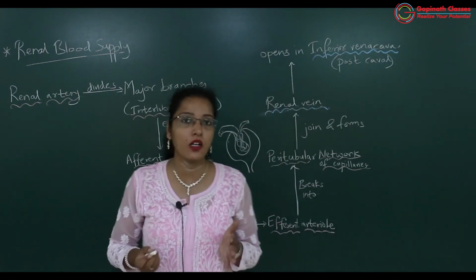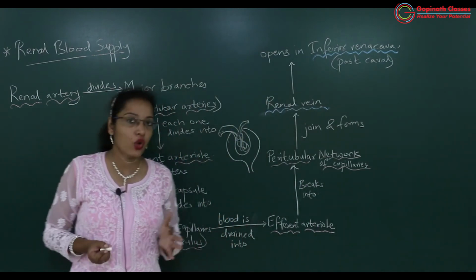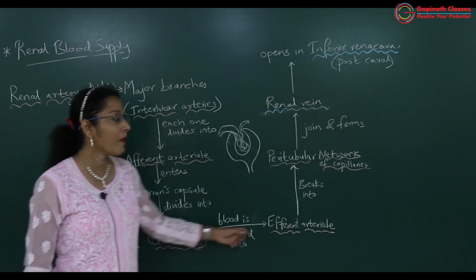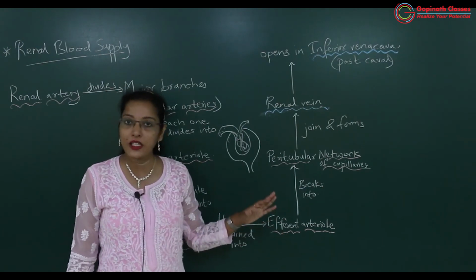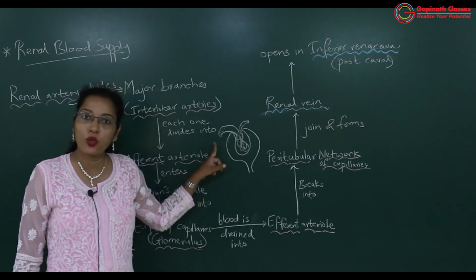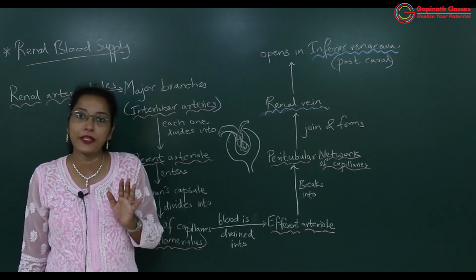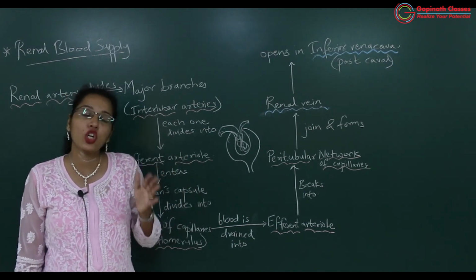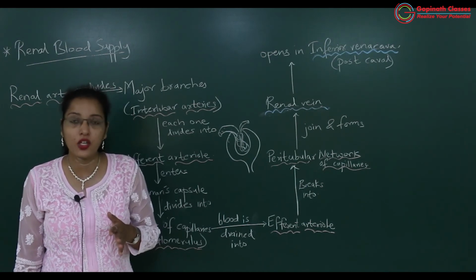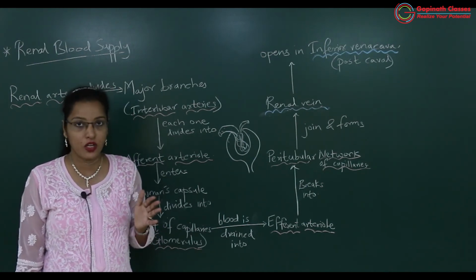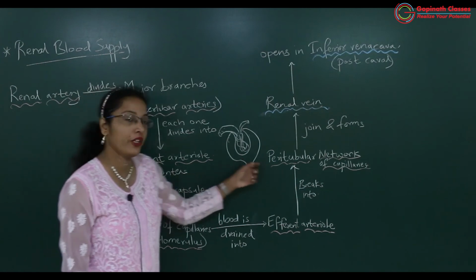These glomerular blood capillaries reunite to form the efferent arteriole, whose diameter is less compared to the afferent arteriole, because of which glomerular hydrostatic pressure is developed, and because of this there is ultrafiltration and formation of nephric filtrate.